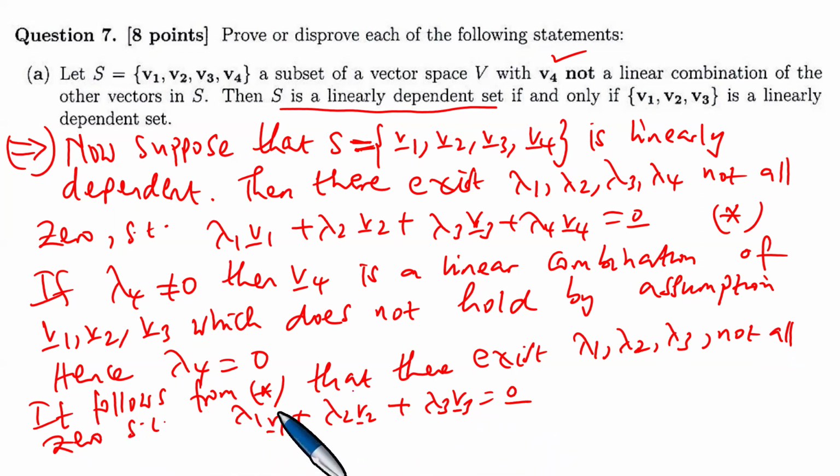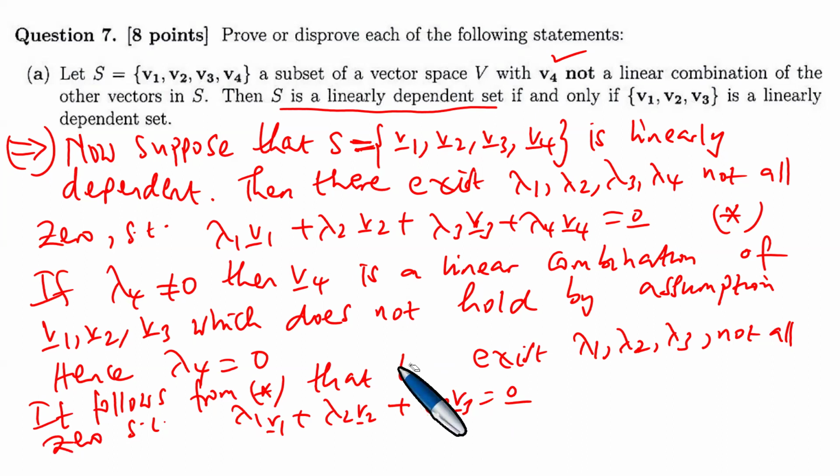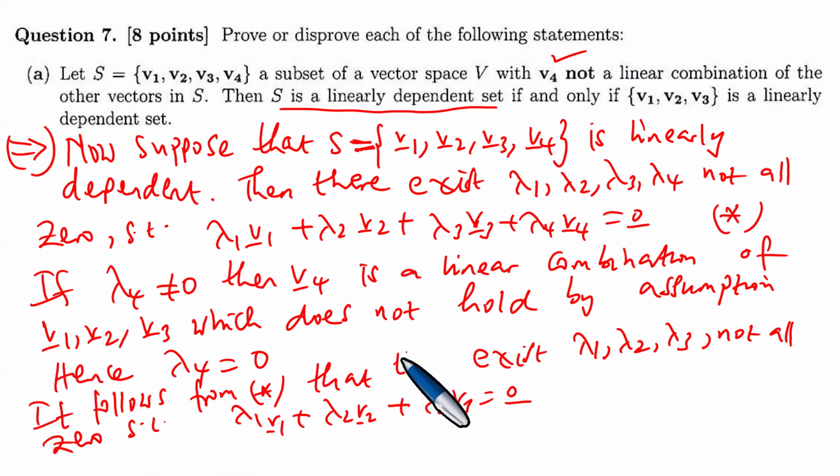Okay, so it follows from star that there exist those lambda values, lambda 1, lambda 2, lambda 3, not all 0, such that this is the case.